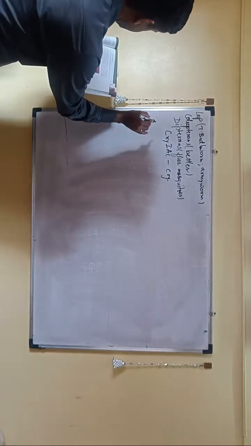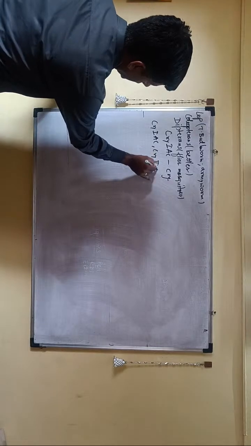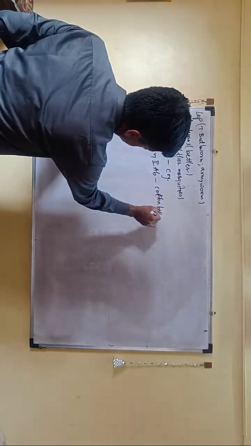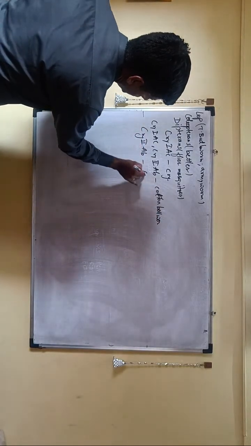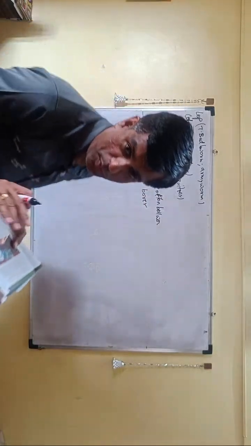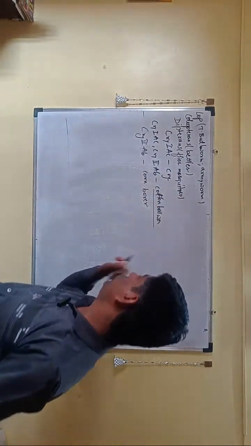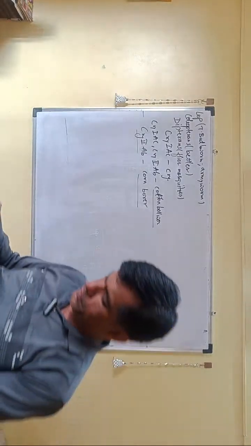The two things which I told, Cry1AC and Cry2AB, work against cotton bollworm. And then what remains is Cry2AB, which works against corn borer. Right, so that you have to remember. So it is Cry1AC and Cry2AB for cotton bollworm, and Cry2AB for corn borer.